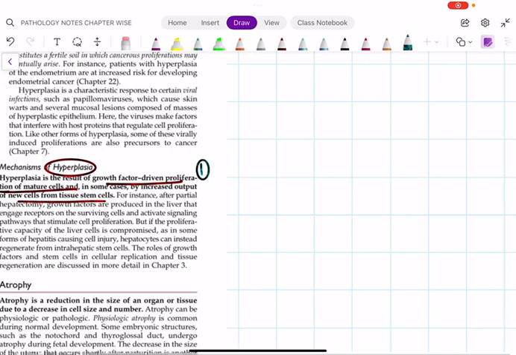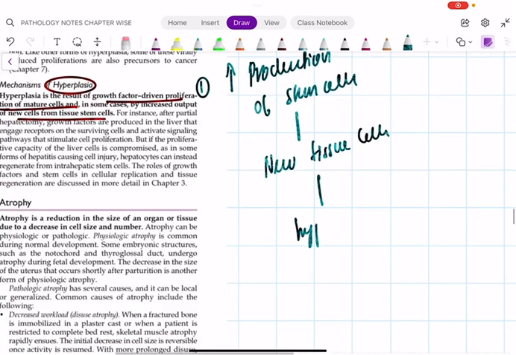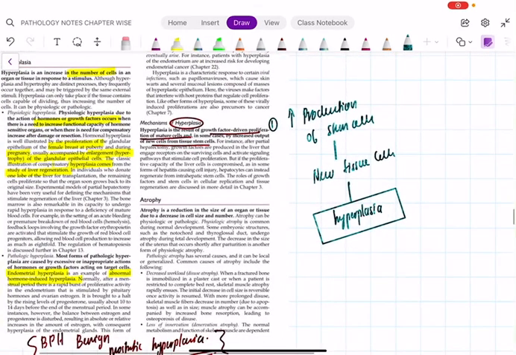Remember this one point: increased production of stem cells. Finally, these stem cells will lead to new tissue cells. This will lead to hyperplasia. Things are very clear for you, I hope. They will ask the mechanism in MCQs.